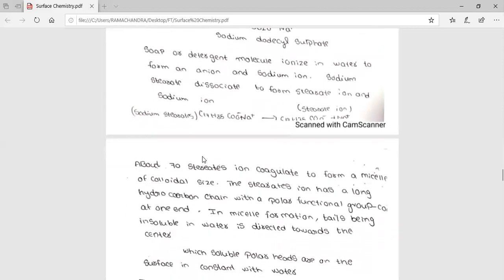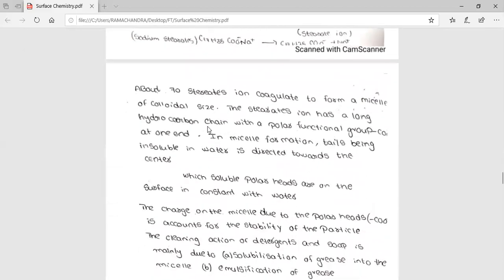So let's see the mechanism here. The sodium citrate undergoes dissociation in water to give citrate ion and sodium Na plus. A large number of citrate ions combine to form a coagulate, a micelle of colloidal particles. The citrate ions have long hydrocarbon chains with polar functional groups at one end.